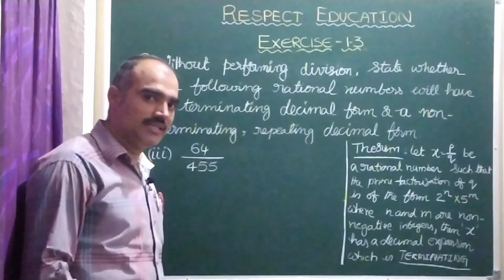So here the prime factorization of q is not in the form of, it is not in the form of the 3 options, children. Either the first option 2 power n, or 5 power m, or both together 2 power n into 5 power m, for some non-negative integers m, n there.